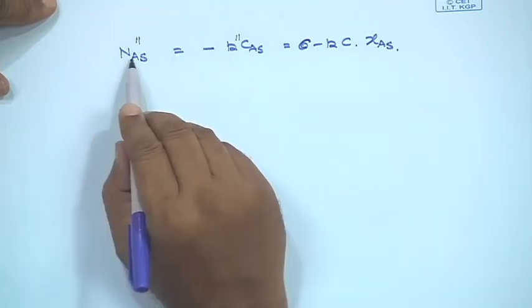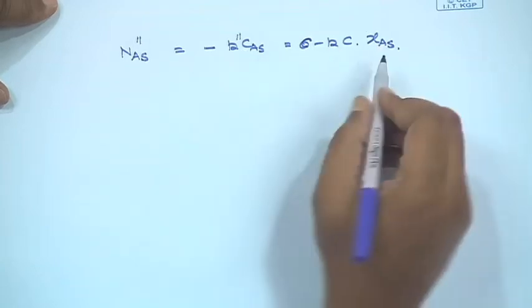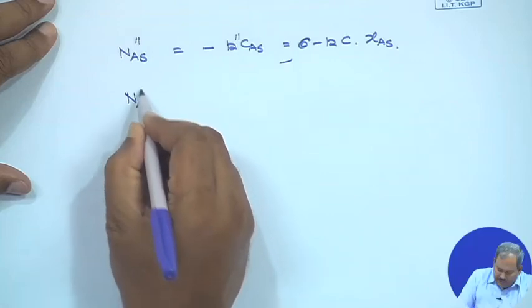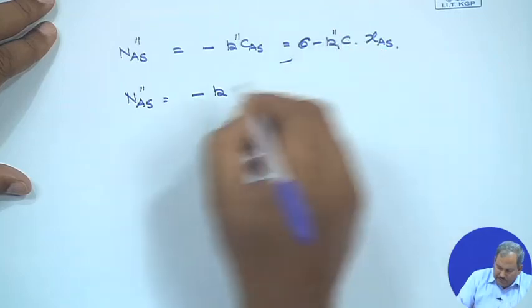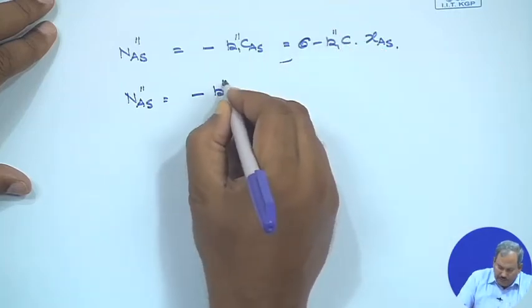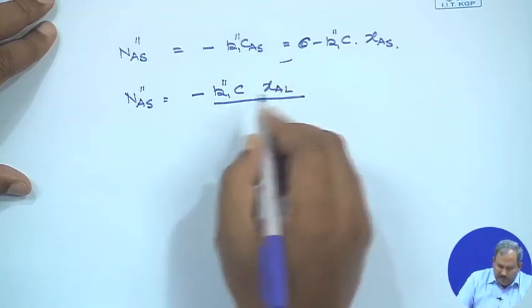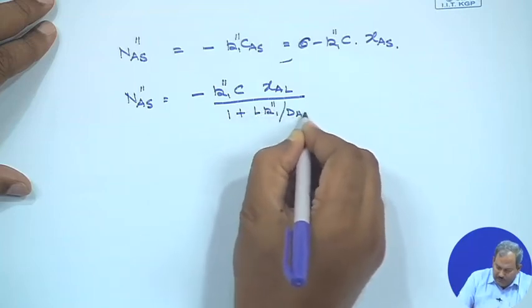So, the rate of diffusion is equal to the rate of reaction. When you substitute the expression of XAS that we have just obtained in here, what you would get is NA double prime S equals minus K1 double prime times C times XAL divided by 1 plus L K1 double prime by dAB.